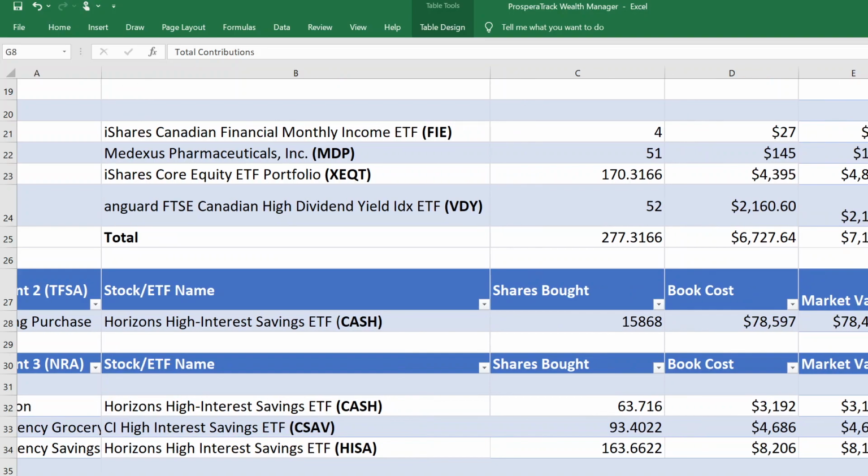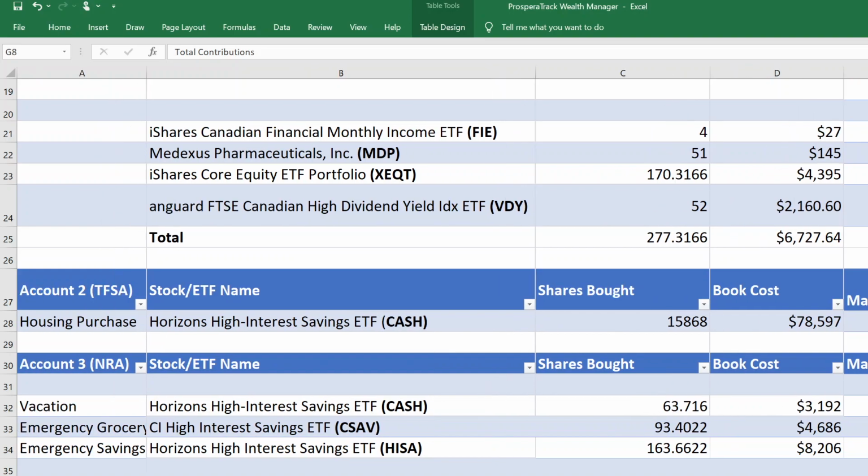And keep in mind, this particular product, a cash ETF, basically works like any other high interest ETF, where you put your money in, and at the end of the month, the gains on that account are taken out and distributed back to you as dividends.